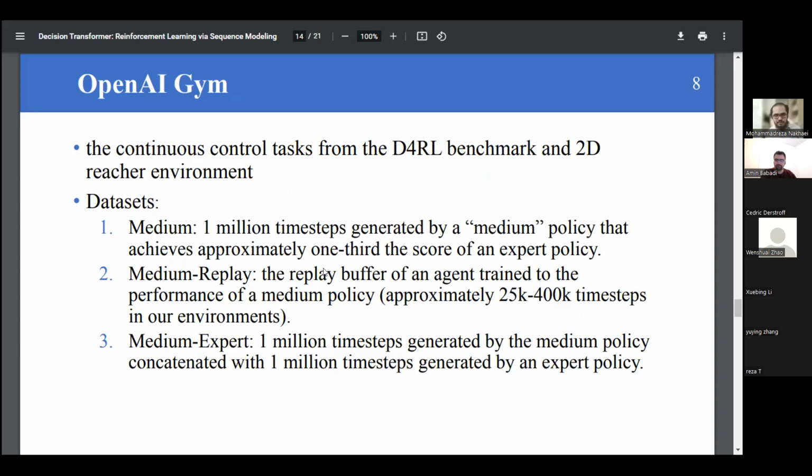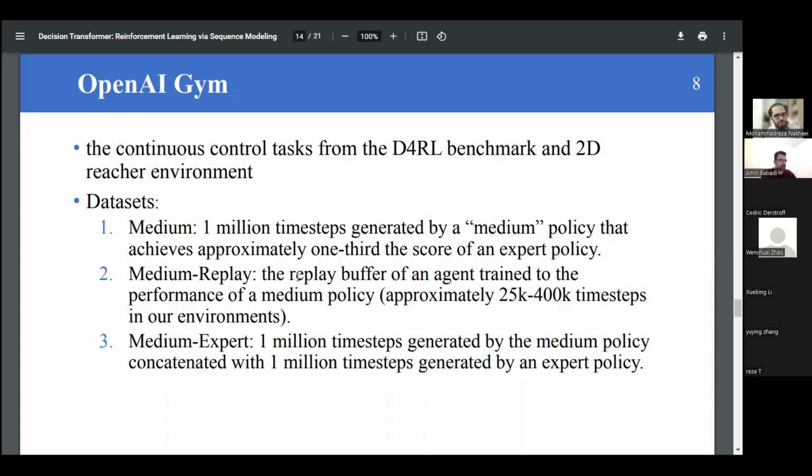The second dataset is medium replay, in which the agent is trained on the performance of, again, the medium policy, but instead of 1,000,000 time steps, we have something around 25,000 up to 400,000 time steps. I think 25,000 in the OpenAI Gym environment and 400,000 in the richer environment they created.